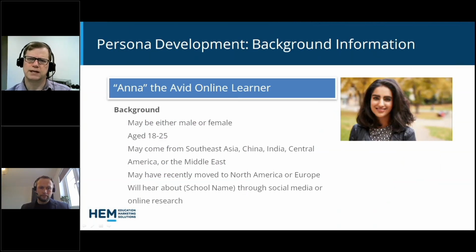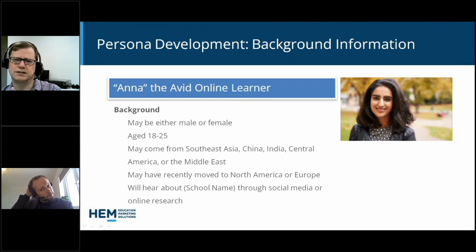First of all, you may have more than one, as we've said, and we recommend you title them, as the avid online learner for example, and we recommend you name them as well, because as you get to know each persona and really begin to define them, it really helps at the offset.